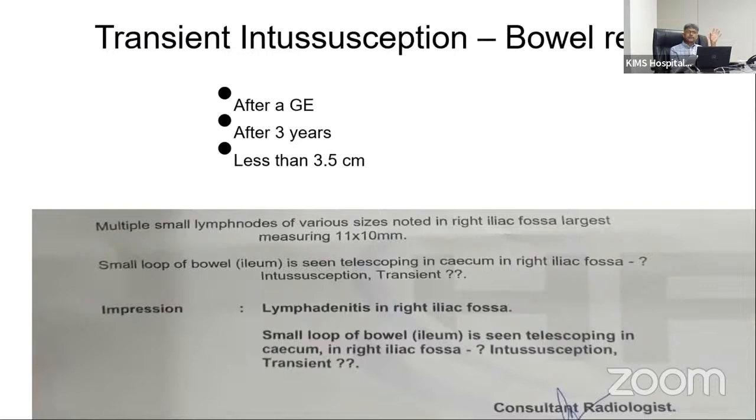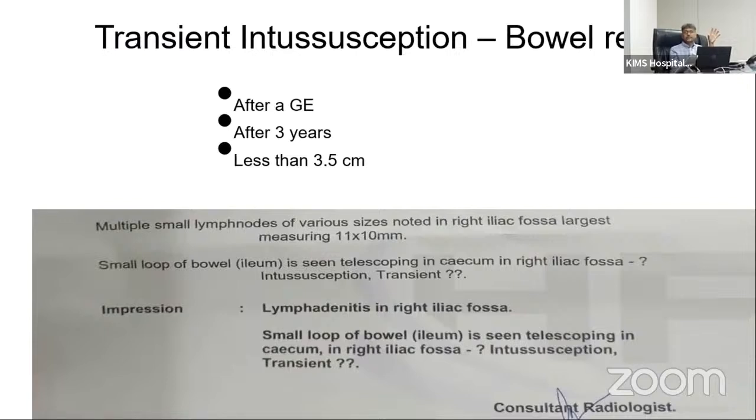The easiest conservative management is giving some sort of bowel rest: either give the baby NBM or give only ORS, plain water or coconut water. That is going to take care of it, because by the time it goes into the stomach and into the duodenum or early small bowel itself, it gets digested. So there is no need for intestinal peristalsis to enhance, and there is no way bowel edema increases.